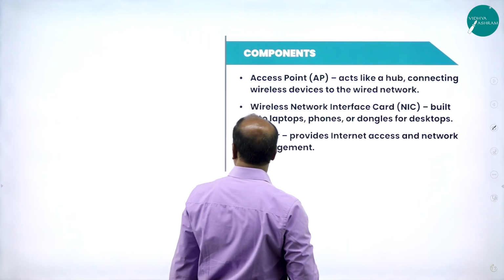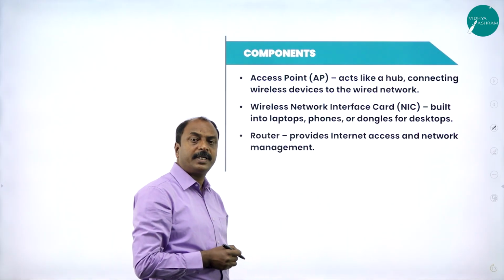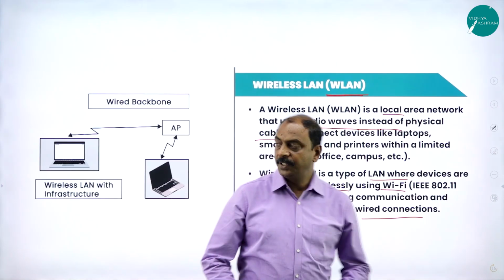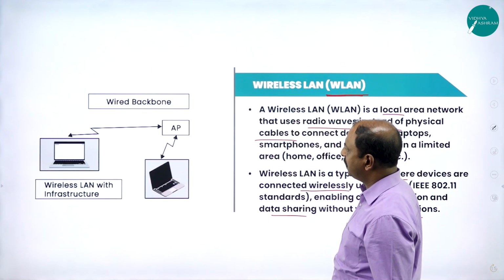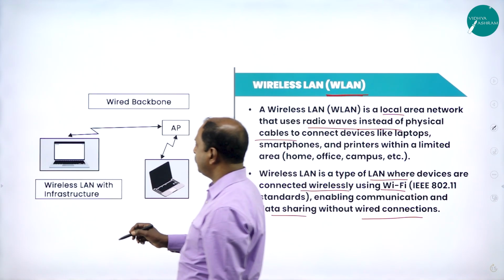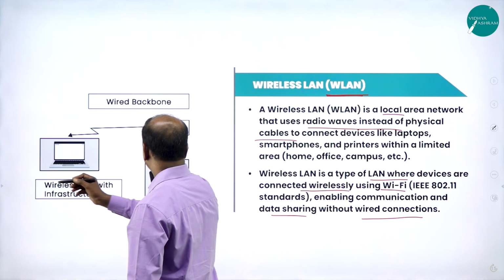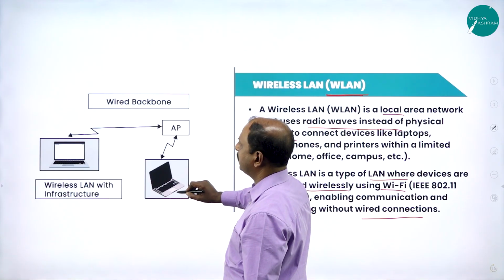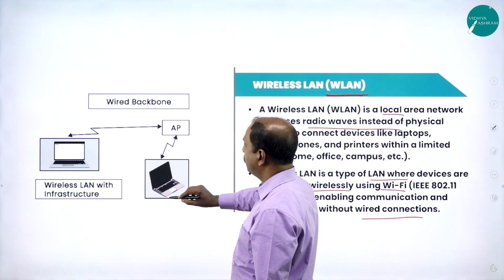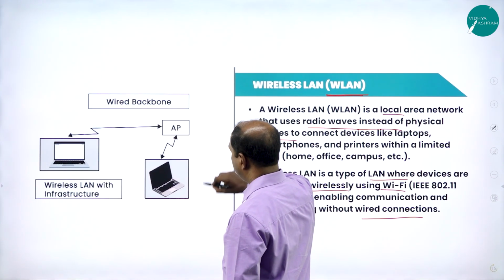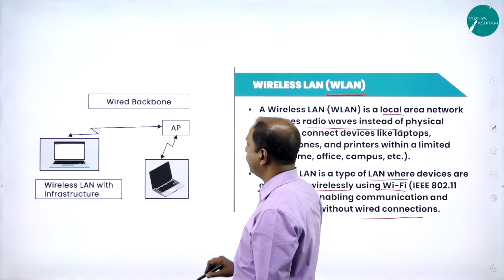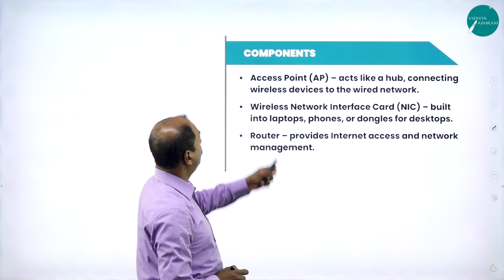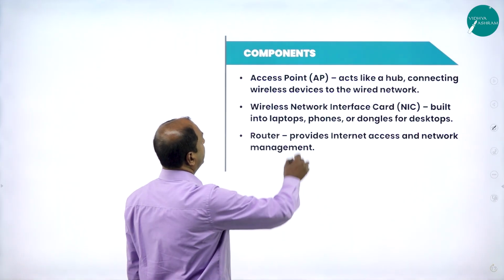Now let us see the different components of wireless communication. Now we can see the diagram here. This is a wireless LAN with the infrastructure and this access point, and with this device we are accessing the services. This is a type of LAN, local area network. Now if you look at the components here, it has an access point.